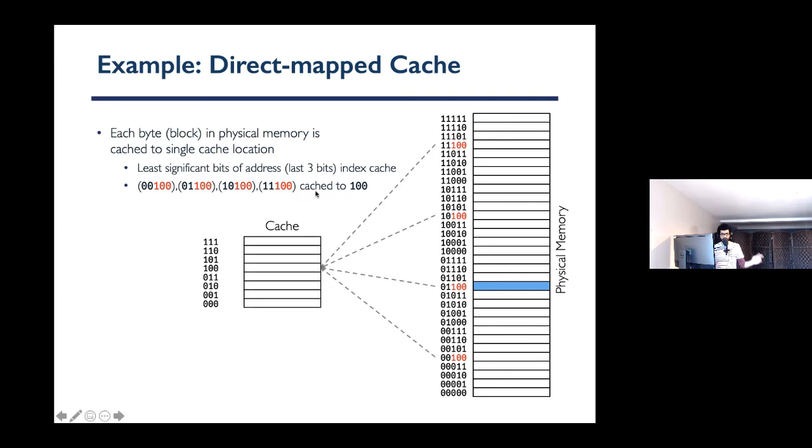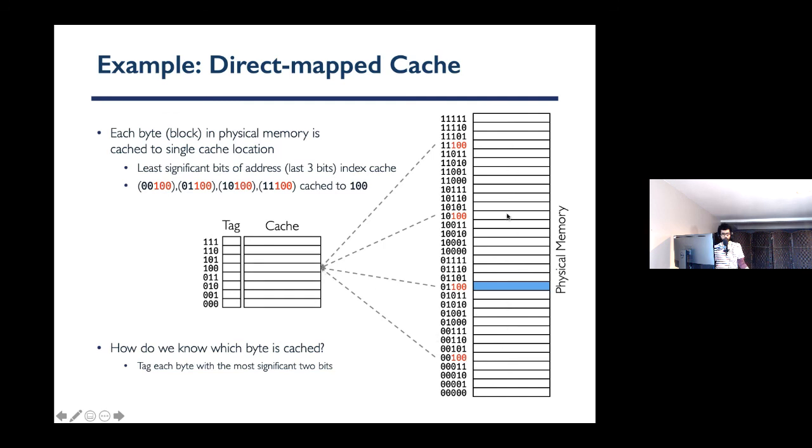So now we actually answered at least the first 2 questions that I asked. First one, if I have an address, how can I check if that exists in memory? To check if a particular address is cached, I can just look at the last 3 bits, find it in cache, but that's not enough because it could be any of these 4.